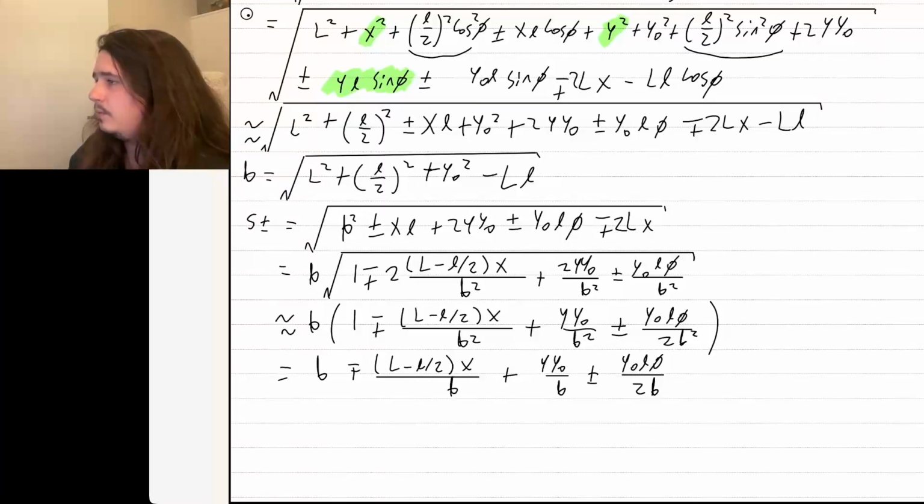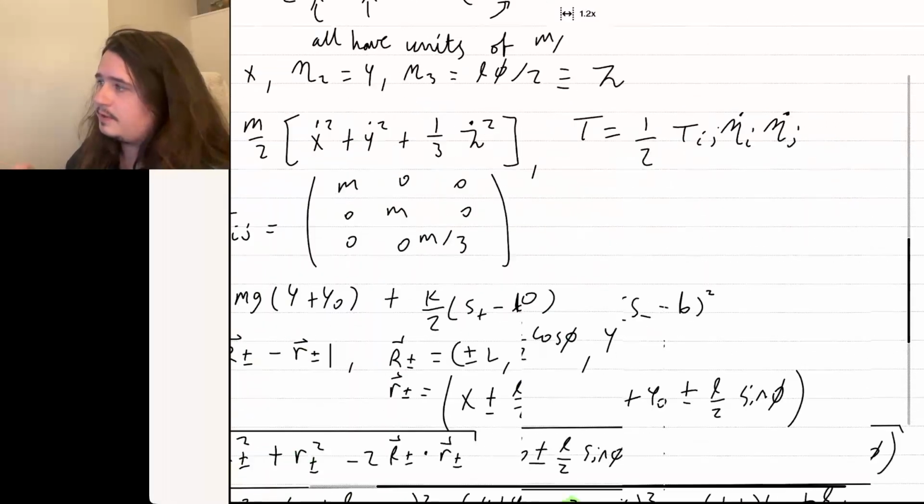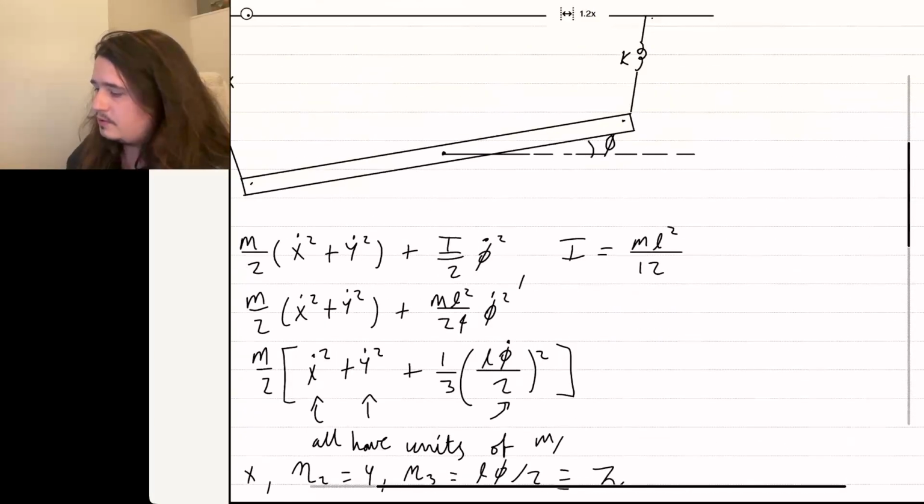So we can now try and get rid of everything that depends on y naught, big L and little l, and try to put it back into stuff that was given to us in the problem, which, if you remember, was sine theta naught, cosine theta naught, and you know, our generalized coordinates.